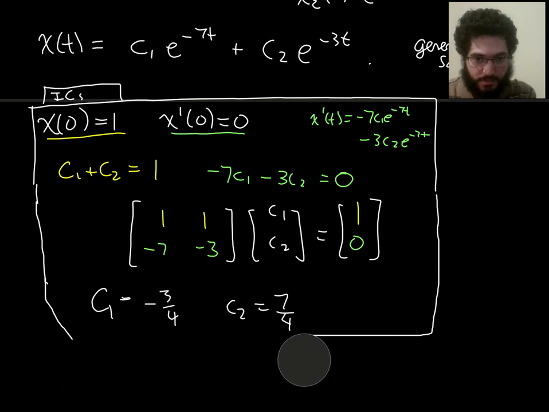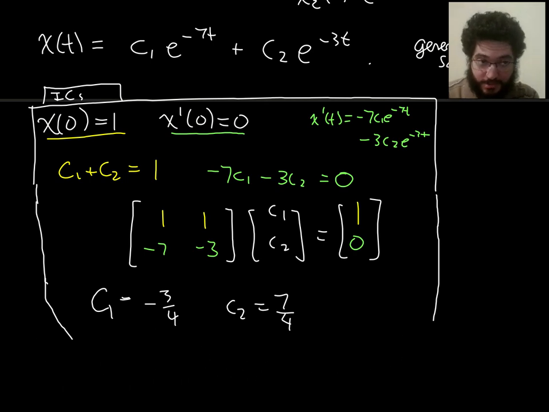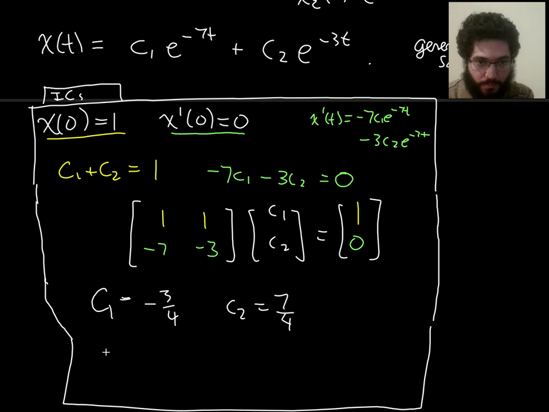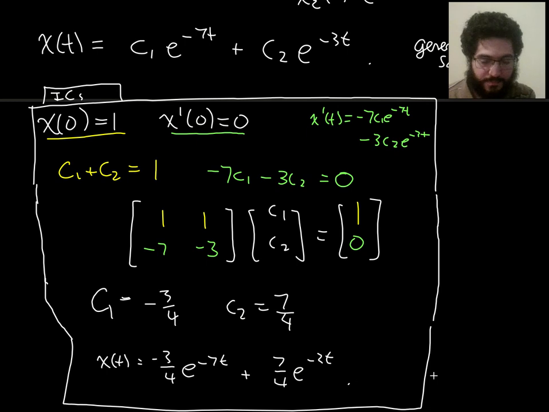So the particular solution that we end up with is x of t equals negative 3/4 e to the minus 7t plus 7/4 e to the minus 3t. Cool.